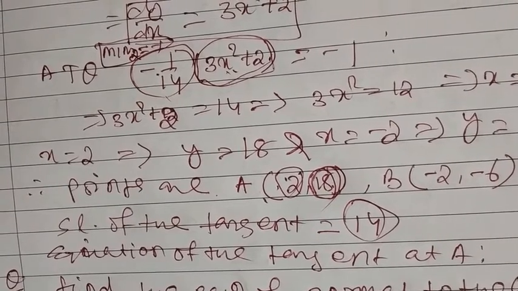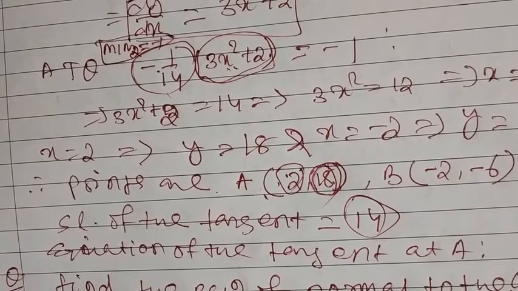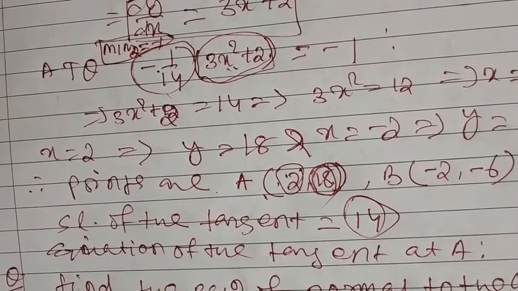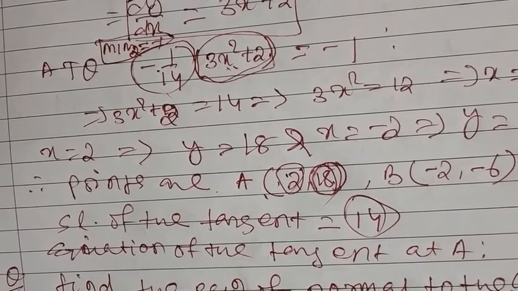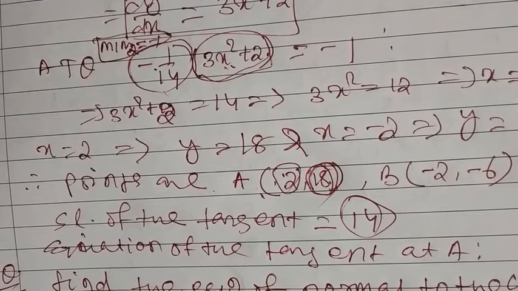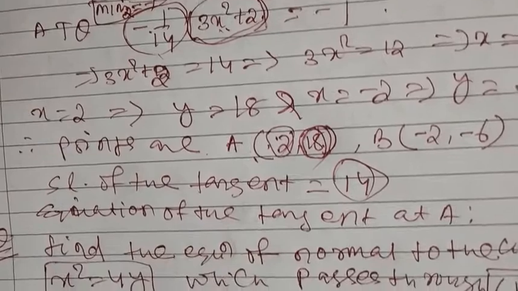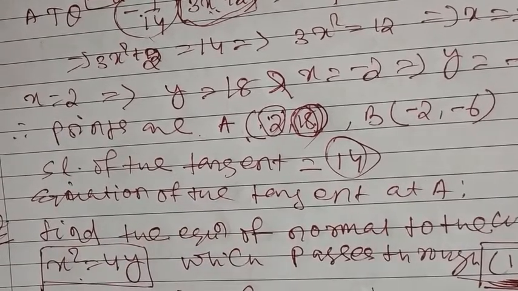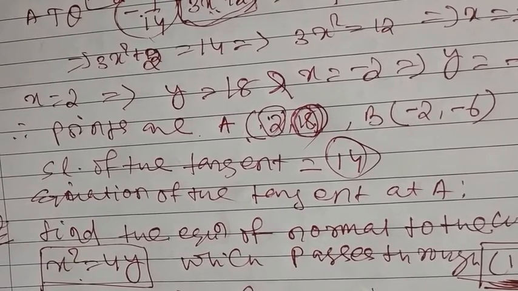This is my equation 1. Over. Now, find slope of the tangent at any point. That is dy by dx निकालना है.